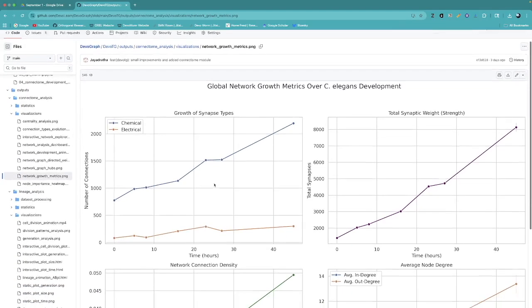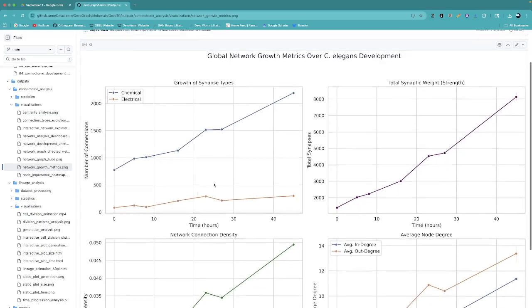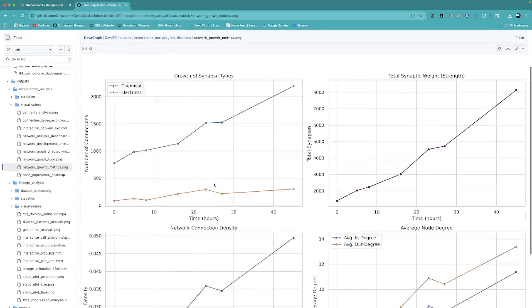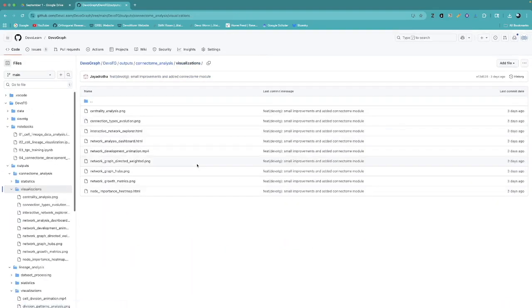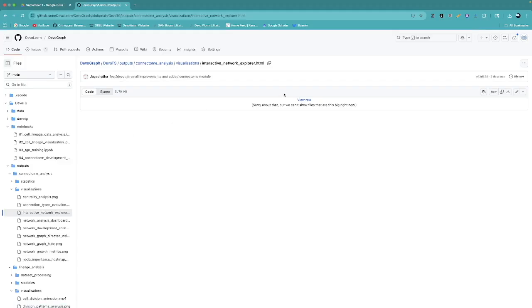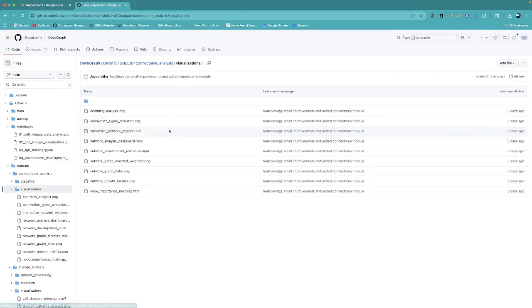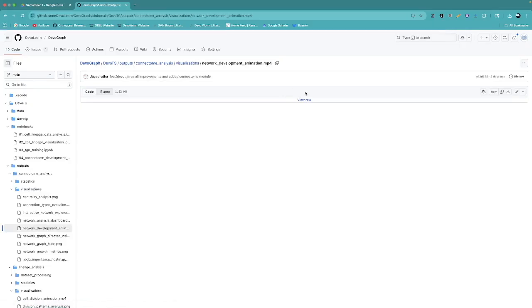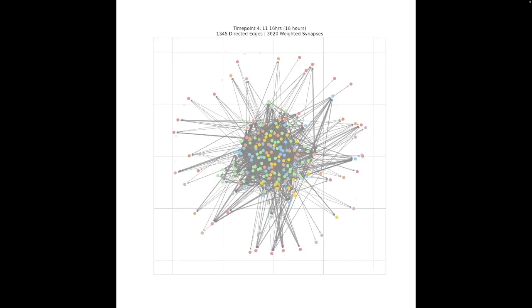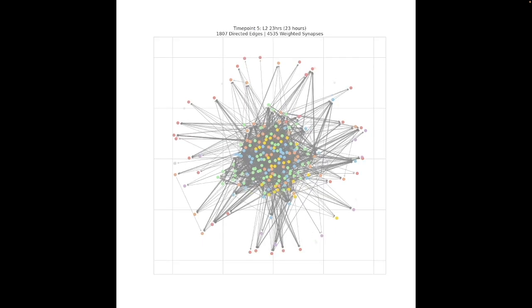Then he has these network growth metrics, and these just show the growth of the network over time. Then finally, this is the network evolution visualization.